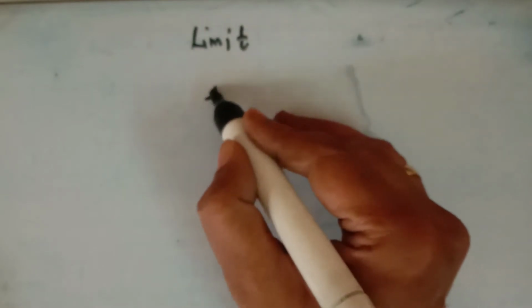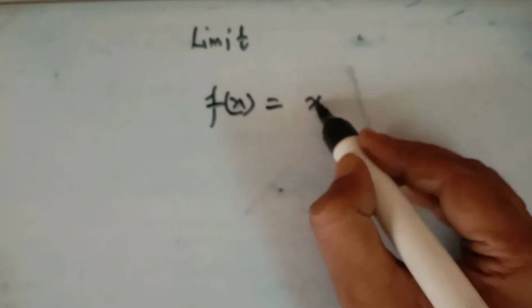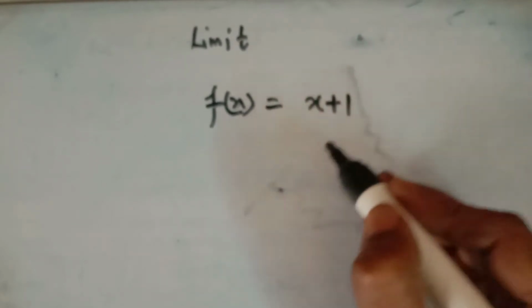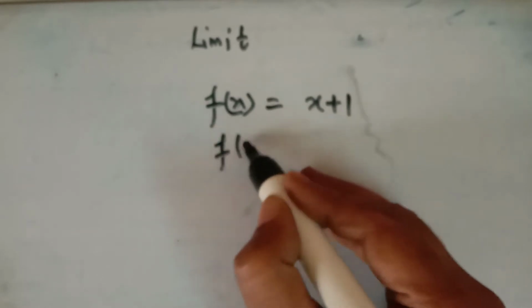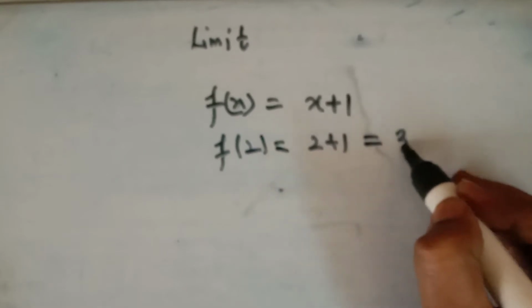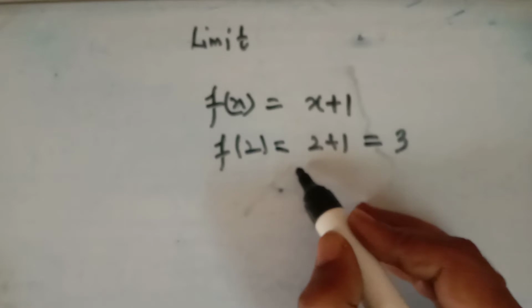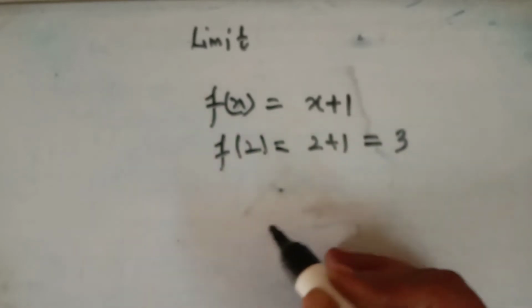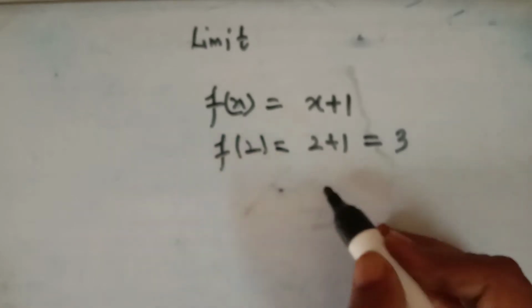Suppose we have a function f(x) equal to x plus 1. Now what is the value of the function f(2)? It means the value of the function at exactly 2 is 3. This is known as the value of the function. You have done this in your lower classes or in the previous chapter of relations and functions.